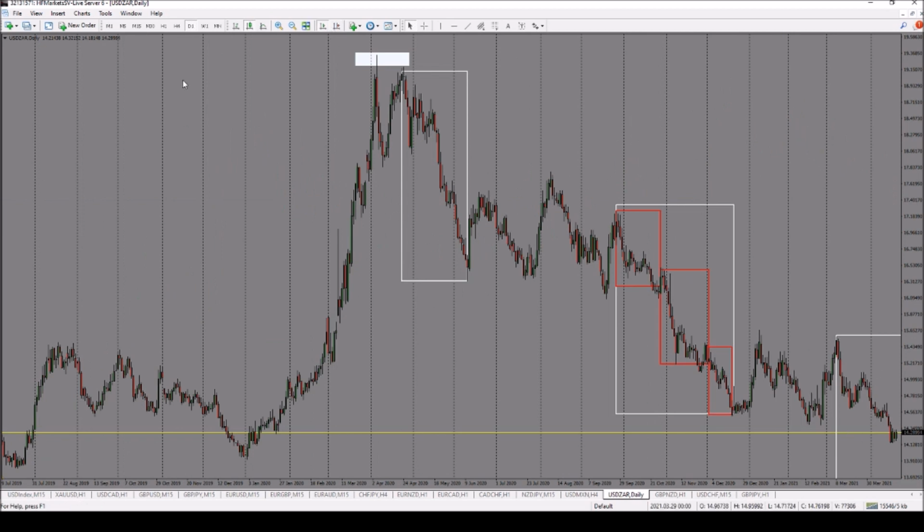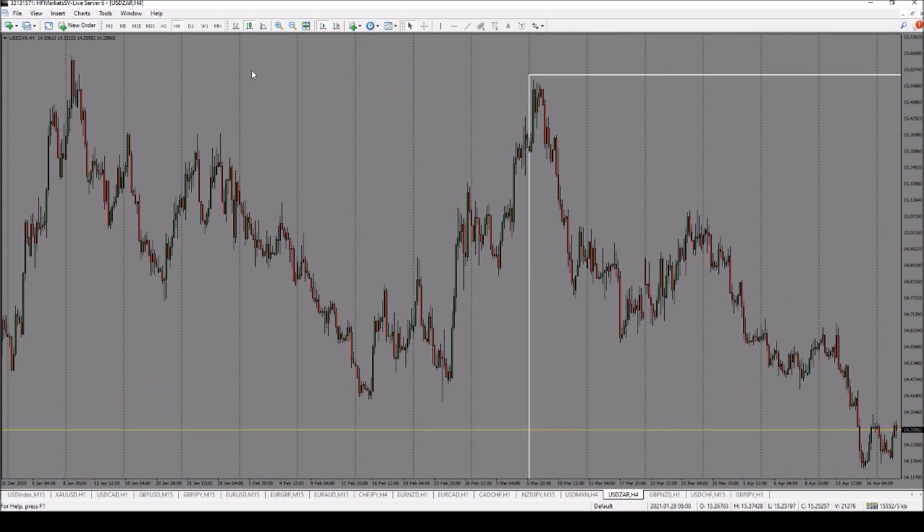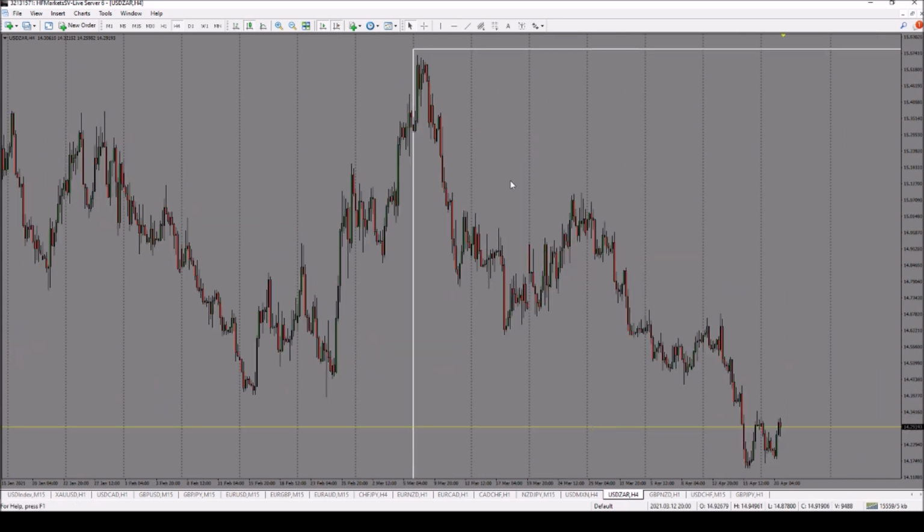So what's next in our analysis is we now need to see 3 H4 waves within this last daily wave. As you can see, we had the first drop, right, a pullback, then the second drop, then here we are now going to verify if we now have the last H4 wave complete.